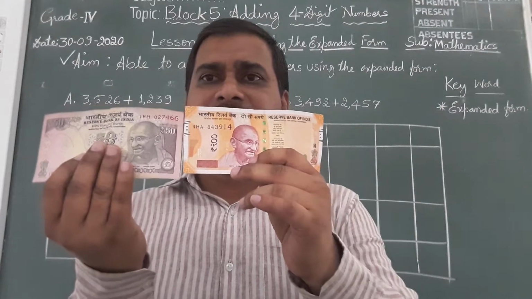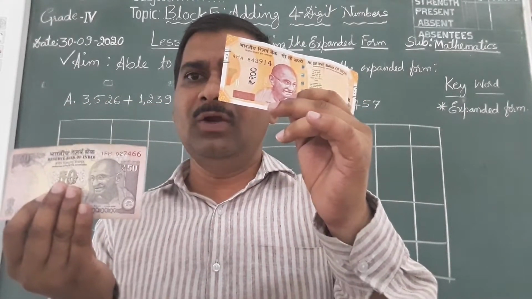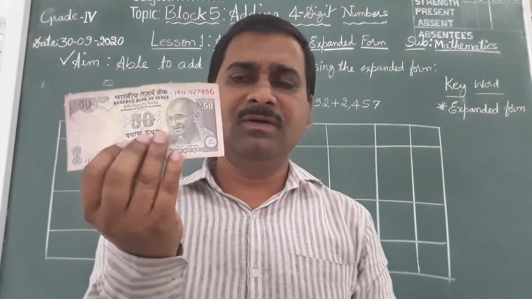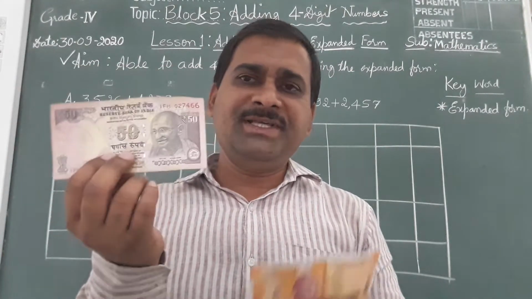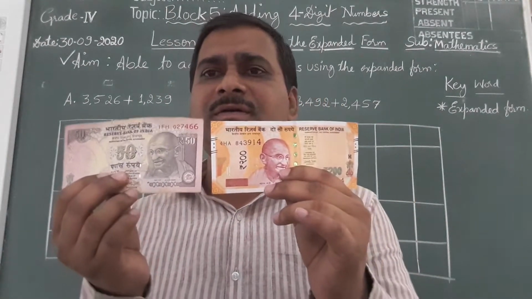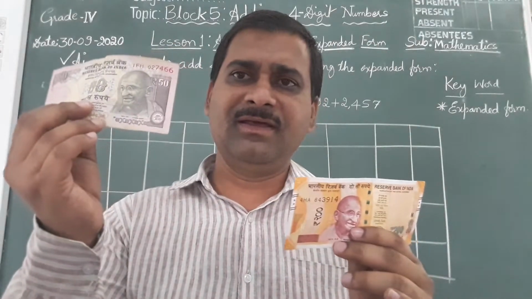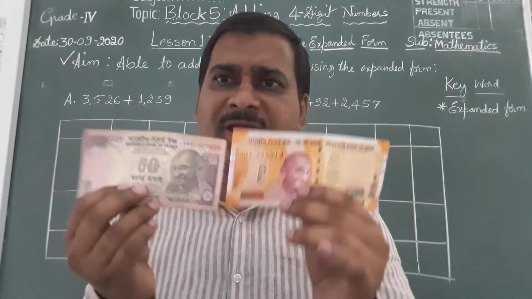Children, a 200 note and a 50 note. When somebody asks you the total amount, what will you do? Just simple: 200 plus 50, that will be 250.